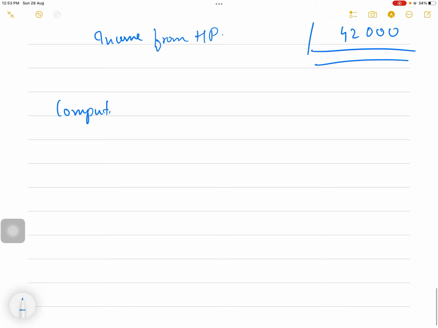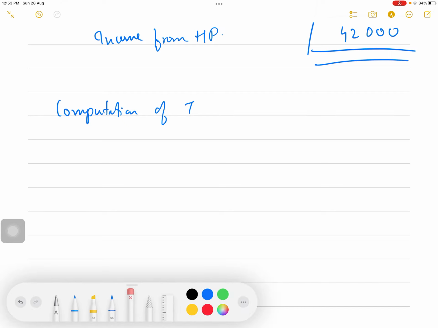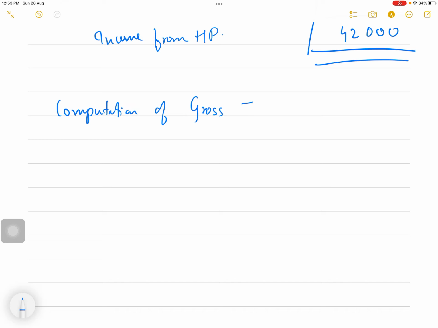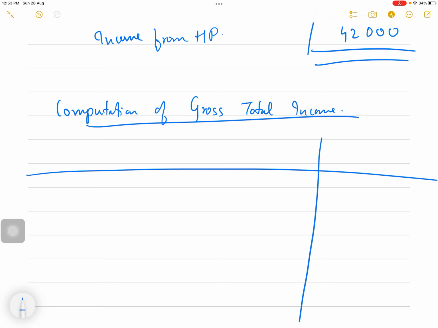Okay, so computation of gross total income. Two columns, particulars, amount.